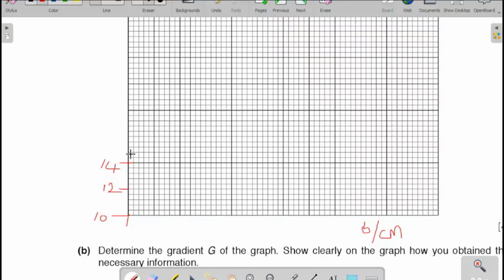The next one, 16. Oh, sorry, we have 18 before 20. So let's have 18. And the next one, 20.